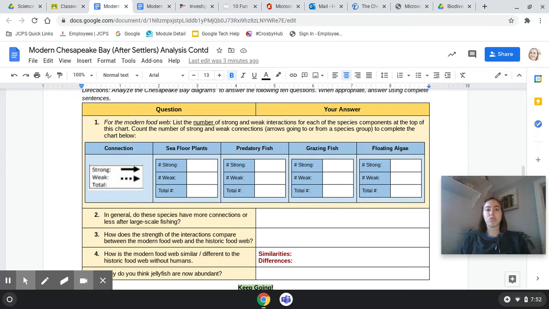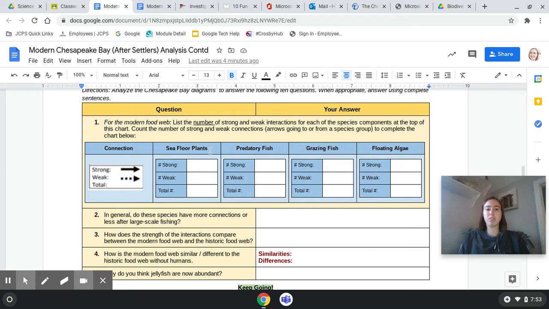Count the number of strong and weak connections, arrows going to or from a species group, to complete the chart below. So we have seafloor plants, predatory fish, grazing fish, and floating algae. And we are going to count the number of strong and weak interactions, which are indicated by their arrows, and fill in our data table. Remember, we are doing this for the modern food web.